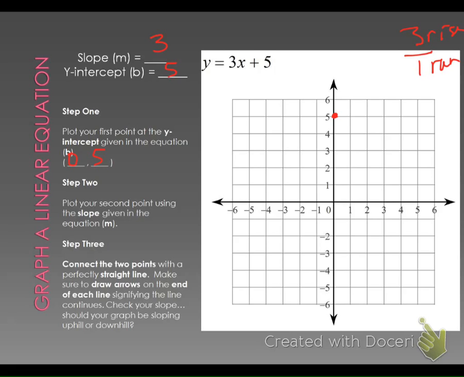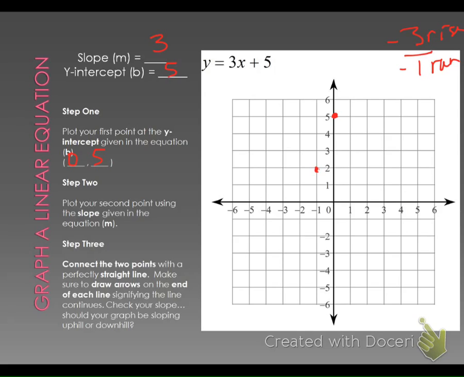Well, if we start from our y-intercept and try to count up 3, 1, 2, when we get to the second count, you'll notice that you're off the grid. So we need to back it up. Do the exact opposite. If that's a positive 3, make it a negative. If the run is positive 1, then make it a negative 1. So we go down 3, 1, 2, 3, and back 1.